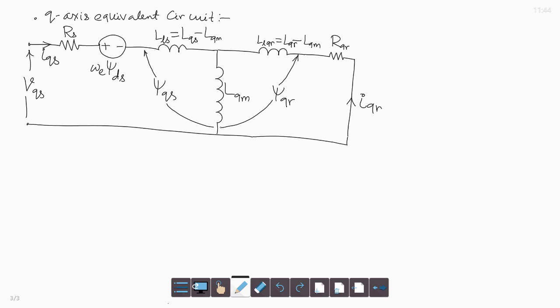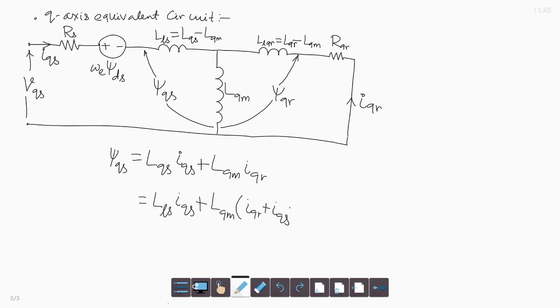As you can see in this circuit, psi QS is LQS into IQS plus LQM into IQR. So, that is LLS into IQS plus LQM into (IQS plus IQR). The second part is the mutual flux and the first part is the leakage flux.